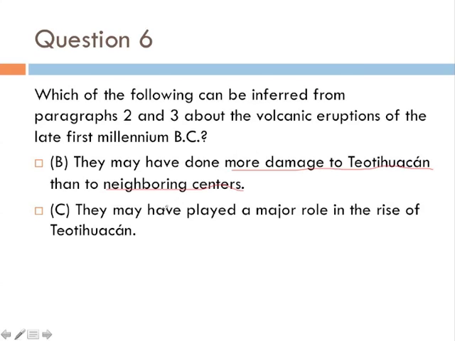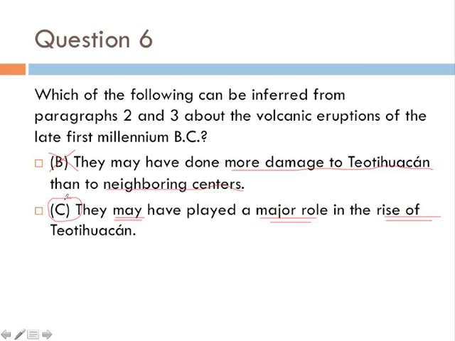If we look at C, we could see that they may have, and may would indicate that possibility, have played a major role in the rise of Teotihuacan. Well, in this case, it seems like B misrepresents the information, and C is the one that's most similar to the text that we see in paragraph 3.